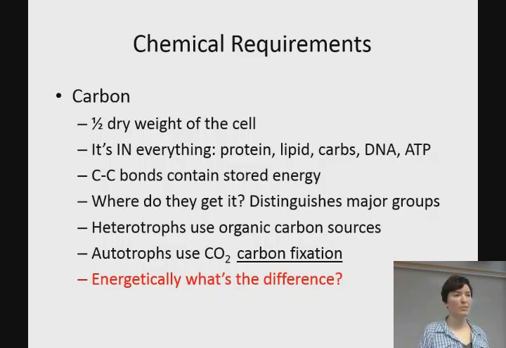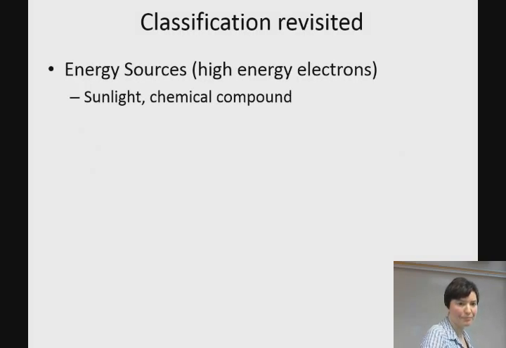Which one is going to cost more? Which one's going to take more energy, use up more ATP? If we're building from carbon dioxide or building from, I don't know, ethanol. Yeah, we're going to need a lot more energy to start with 1 carbon at a time. And so those organisms, those autotrophs, need a lot more energy.